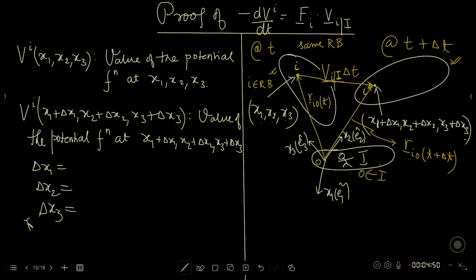And now this point I at time t plus delta t occupies this location. There is a small increment in x1 and x2 and x3. Small increments are denoted by delta x1, delta x2 and delta x3.